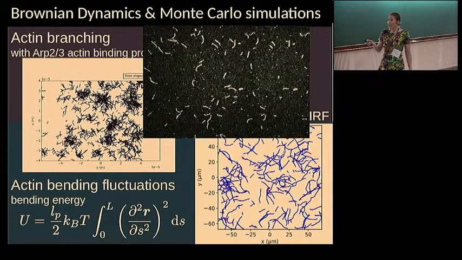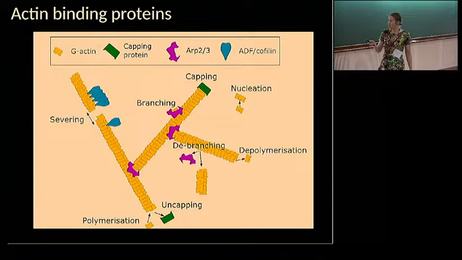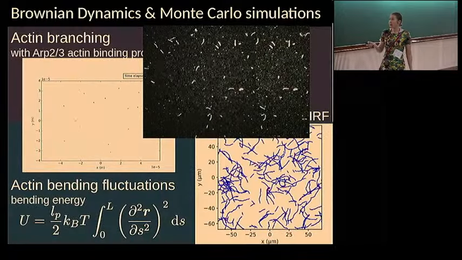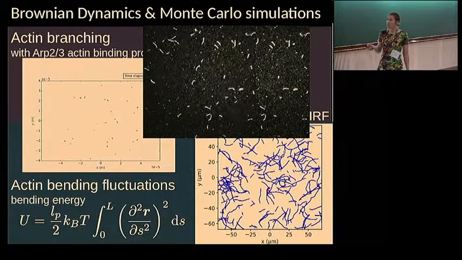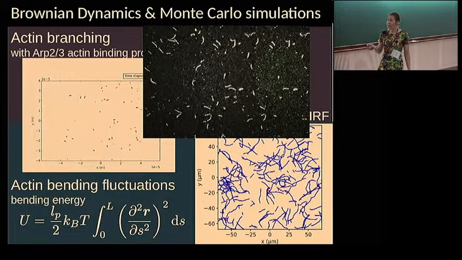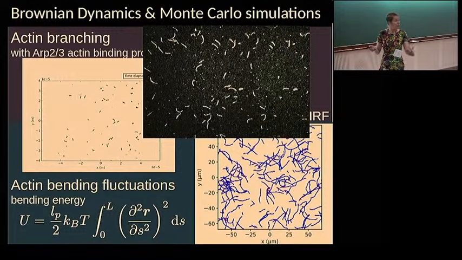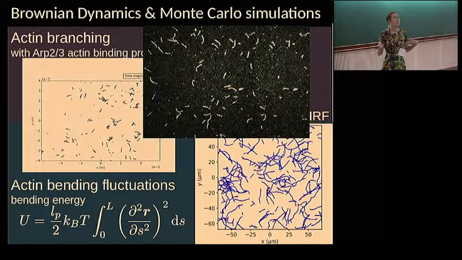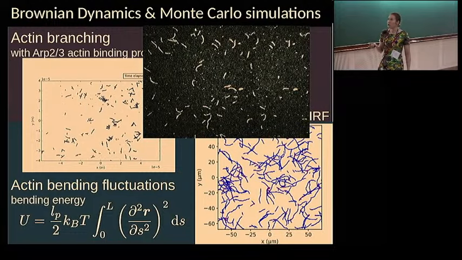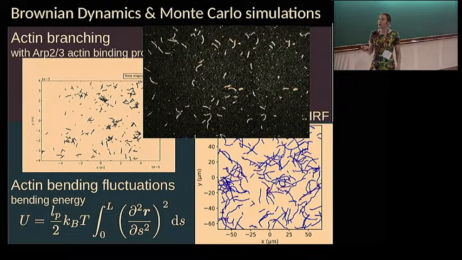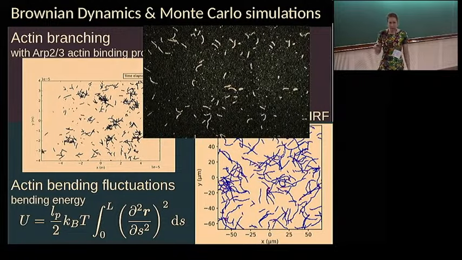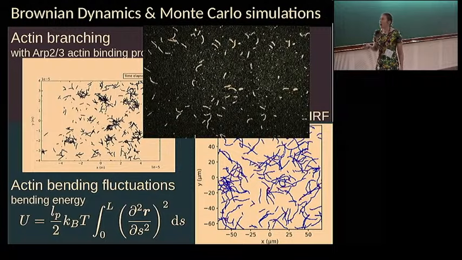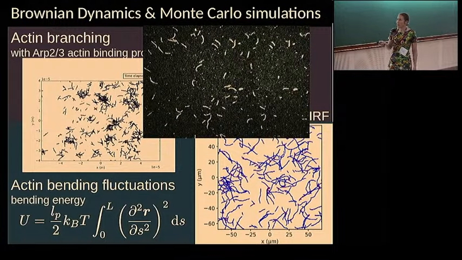So this here, let me re-show it to you, is a simulation, a stochastic simulation of this experiment of actin filaments growing. Put into this simulation is Brownian dynamics and a Monte Carlo method. So we use Brownian dynamics for the diffusion, and we have a Monte Carlo method for the polymerization and depolymerization of the filaments. So that's the way that this has been set up.